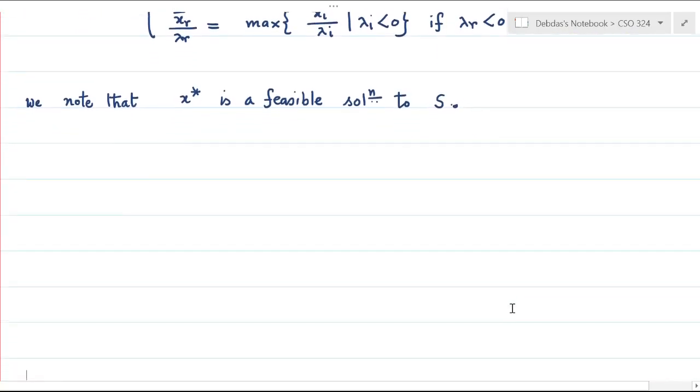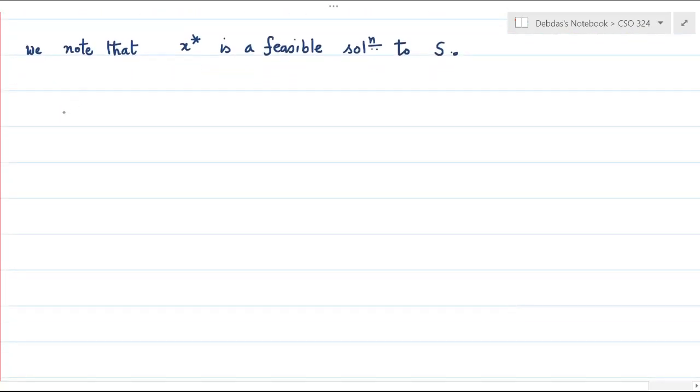Now you consider the column vectors associated to the non-zero components of X star.